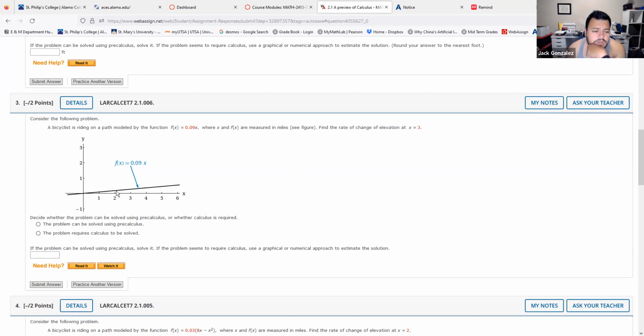Is the change constant along the entire line, or does the rate of change differ at different times? Since it's constant, we don't really need to think about derivatives or any of that stuff. So it should be pre-cal, since this slope is constant.